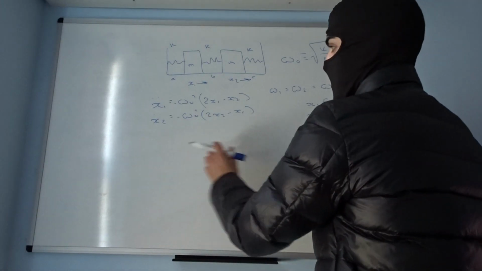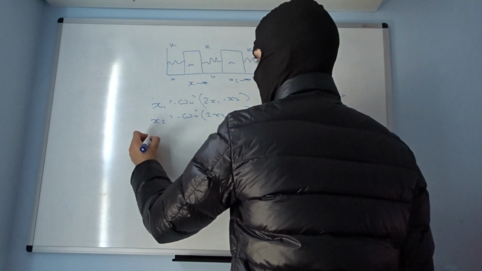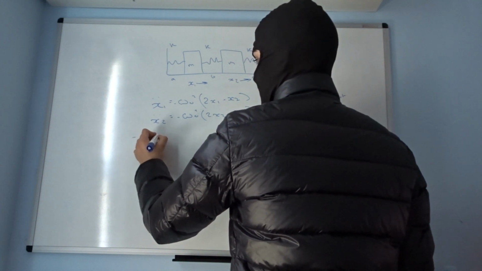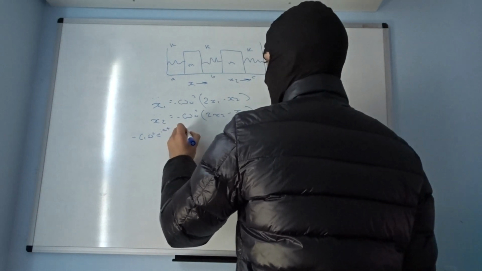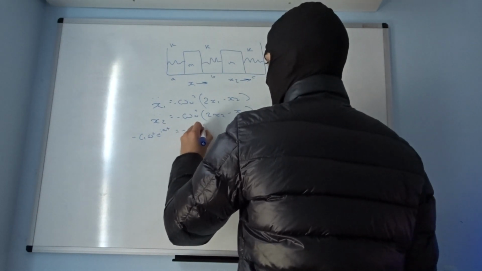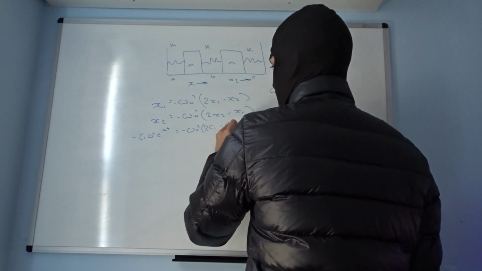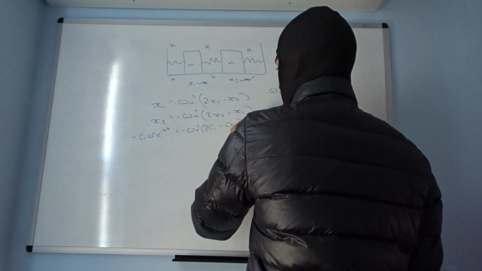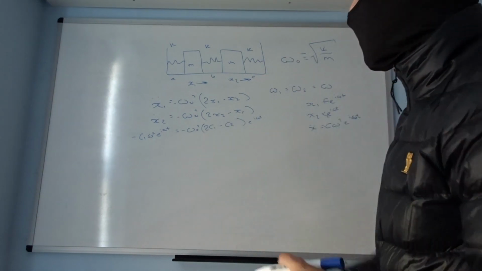So we're going to get minus C1 omega squared e^(i omega t) equals minus omega naught squared (2C1 minus C2) e^(i omega t). I've just factored out the exponential, so we can cancel a lot.